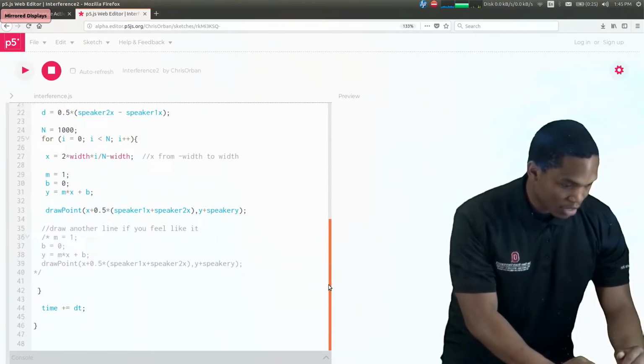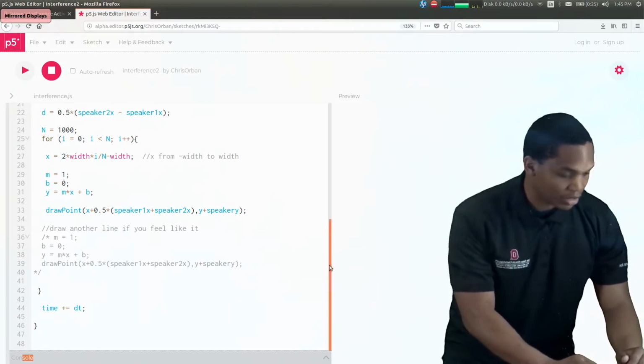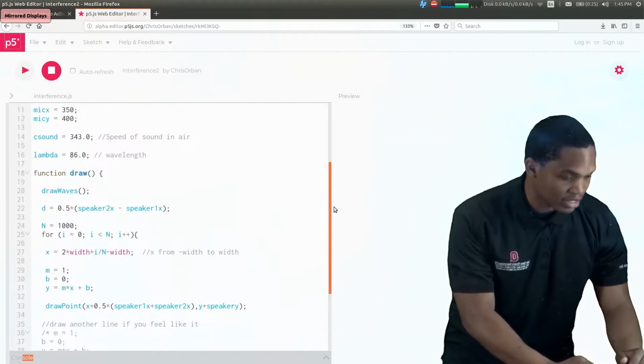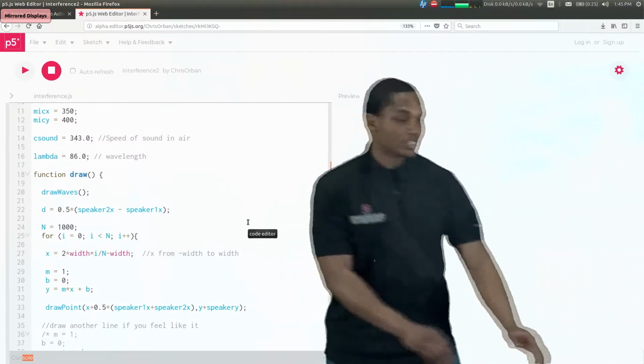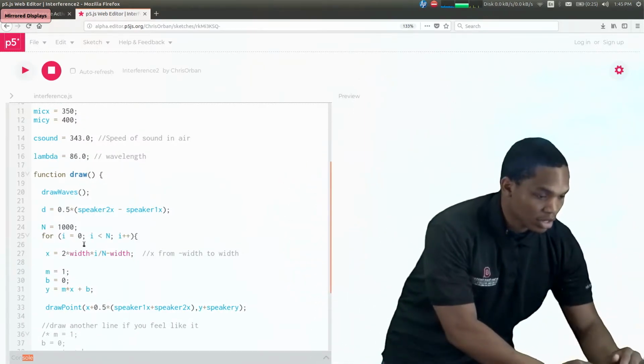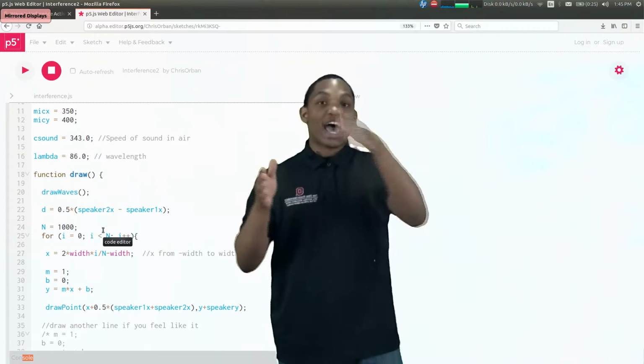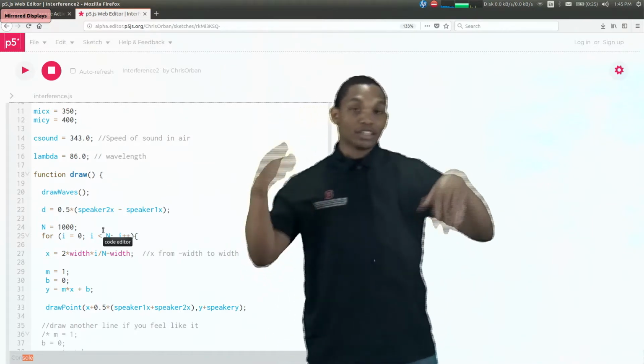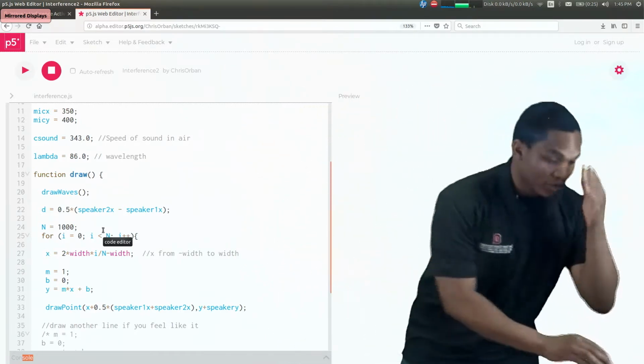Before we start putting things into the editor, let's talk about the D. As I said earlier, that D is the distance between our speakers, but half that distance. Not the total distance, but half the distance between our speakers, okay?